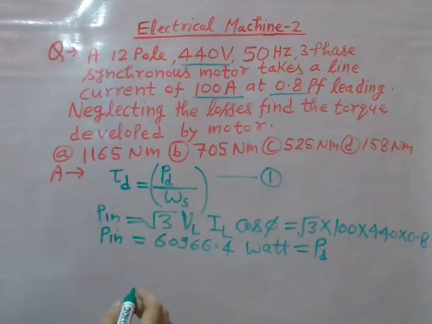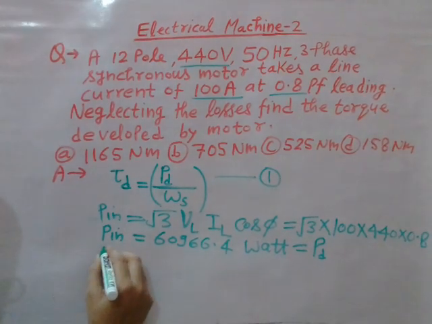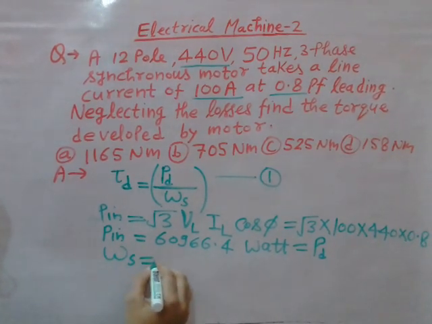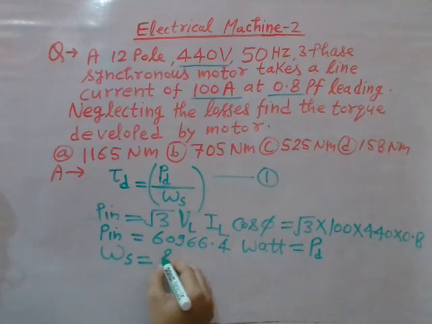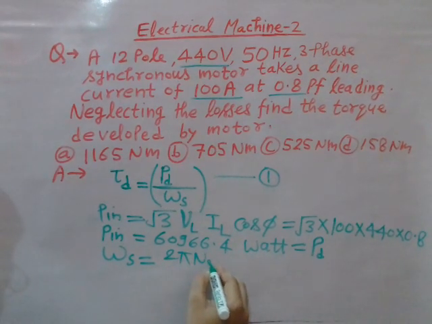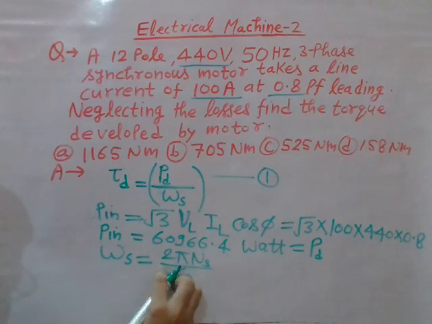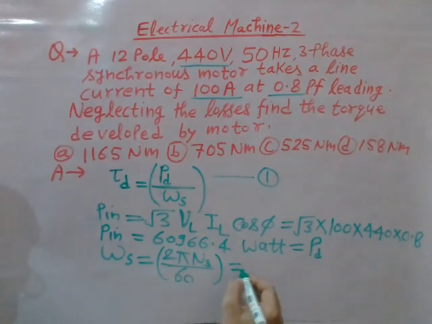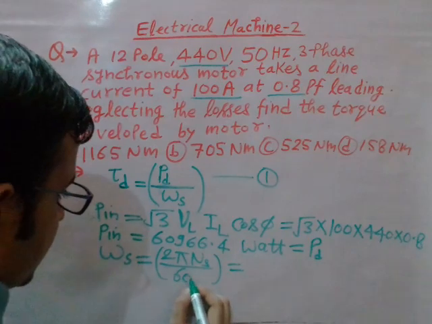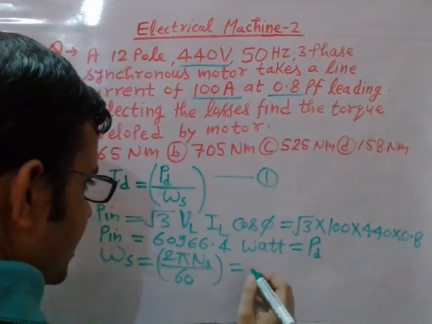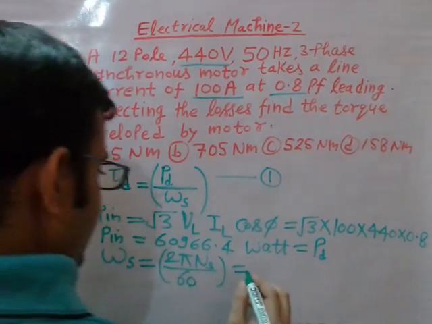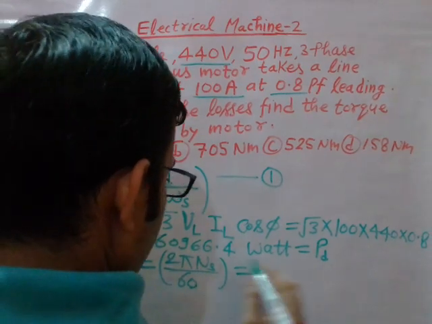Now calculate omega s, that is the synchronous speed, right? Omega s is given by 2 pi Ns by 60. You have to calculate this in radian per second. It is the speed of flux in the air gap.